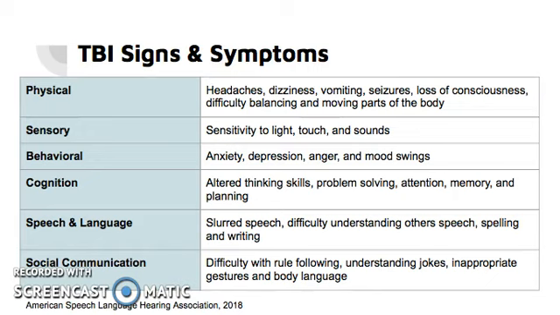Problems with thinking skills, such as solving problems, attention, memory, and planning. Speech and language problems, such as muscle weakness causing speech to become slurred, problems understanding others when they speak, spelling and writing, and social communication issues such as following rules, understanding jokes, difficulty with gestures, or inappropriate body language.